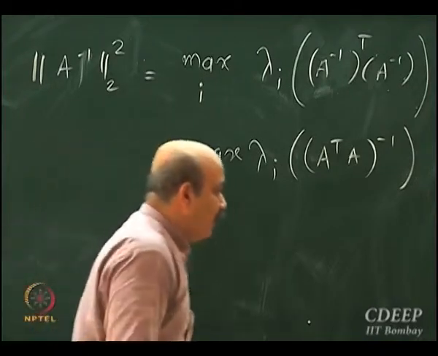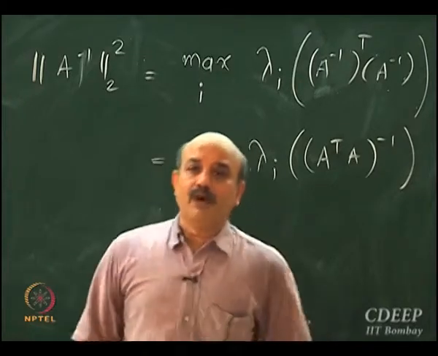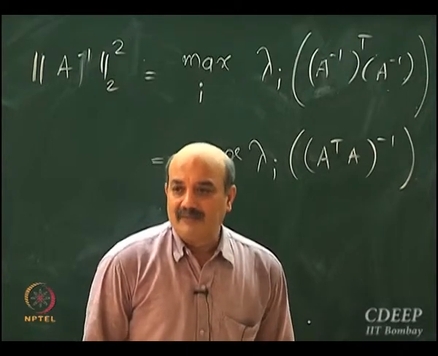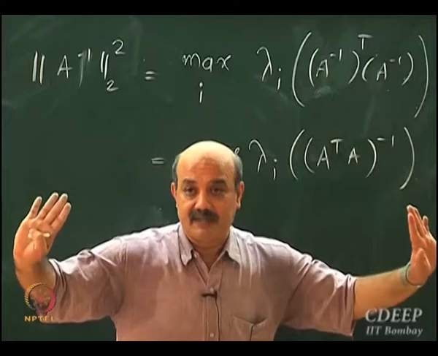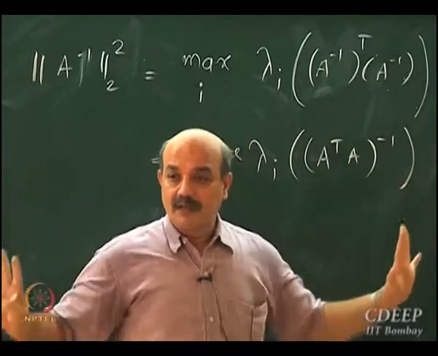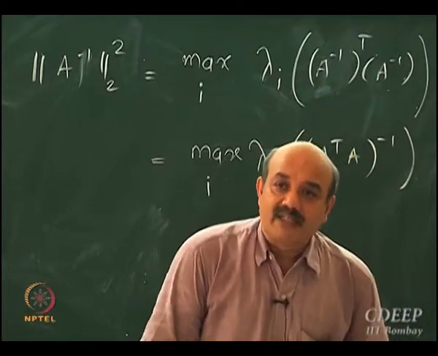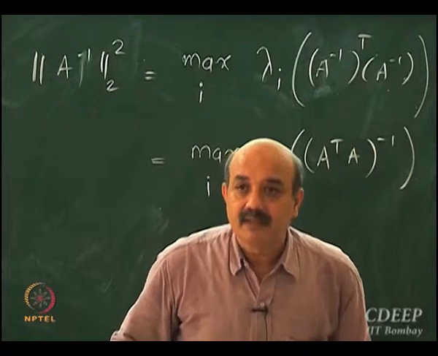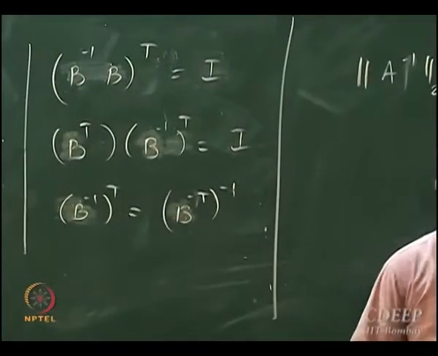Now, eigenvalues of A transpose A. A transpose A is a positive definite matrix. All eigenvalues are positive. What is the relationship between eigenvalues of A transpose A and A transpose A inverse? 1 upon, right?